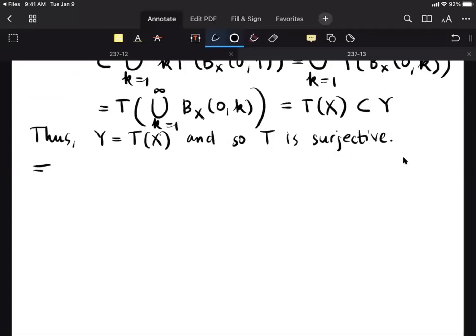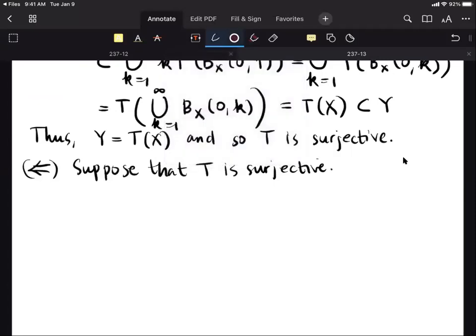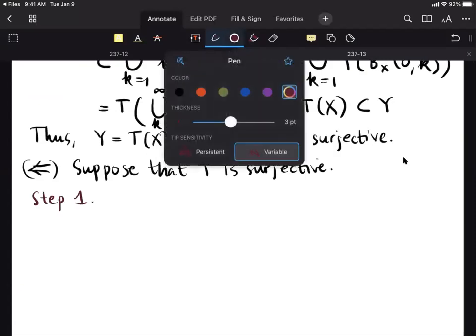So let us now go with the reverse direction. So suppose that T is surjective. And for this part, we consider several steps.